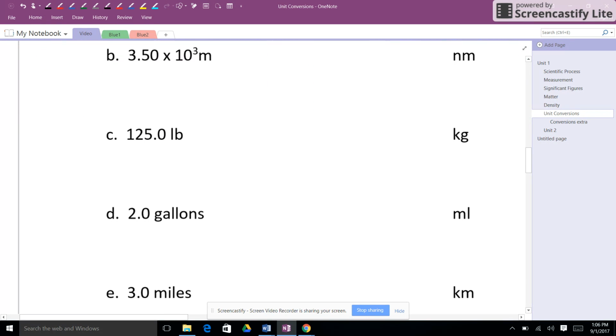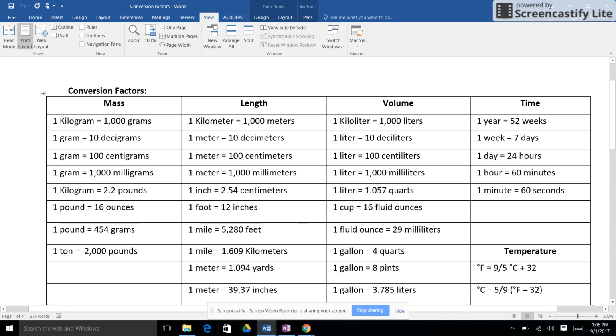Let's jump to C here. So this problem is asking for how many kilograms are in 125.0 pounds. So let's write down what we're given. So we're given pounds, and it's asking us to convert that into kilograms. So for this problem, I don't expect you to memorize any of the non-metric prefixes or units.